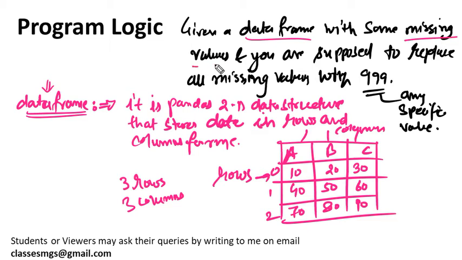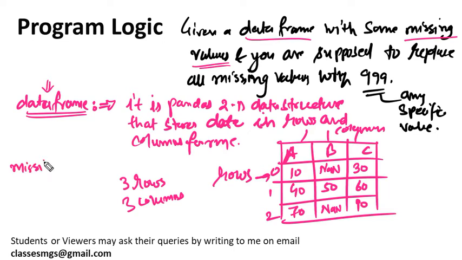Some missing value we are talking about. A missing value means a value that is not present in the data frame currently. Let's suppose these two cells don't have any value, so they are denoted by NaN in Pandas. So these are known as missing values.